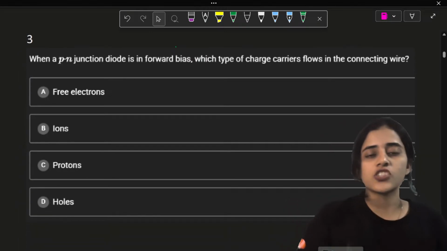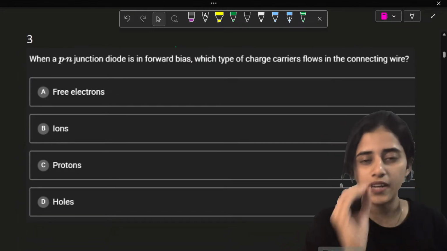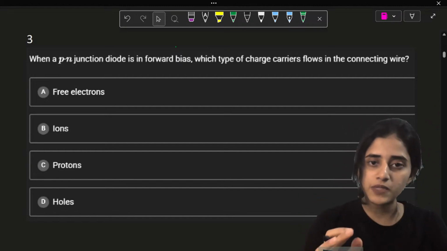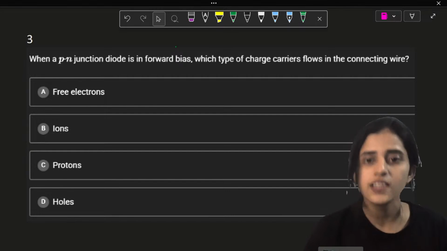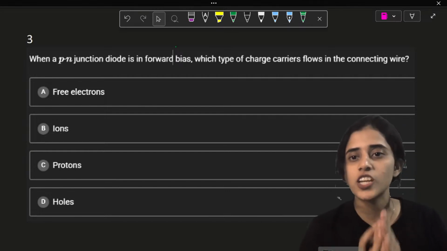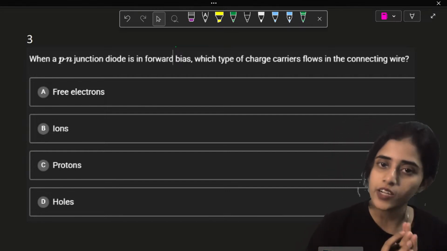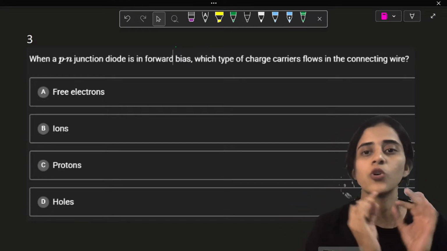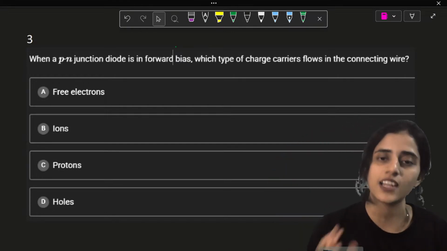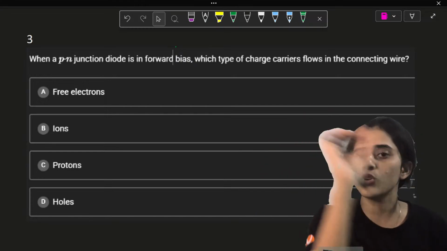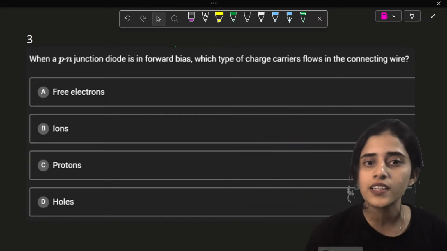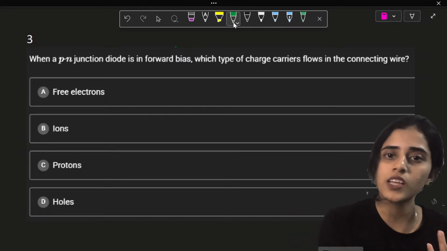When a PN junction diode is in forward bias, which means P type is connected to the positive terminal and N type is connected to the negative terminal, which type of charge carrier flows in the connecting wire? First thing I want you to know is the only charge that can flow in a wire is electron. What is electricity? Electricity is the flow of electrons. So what would the answer be?